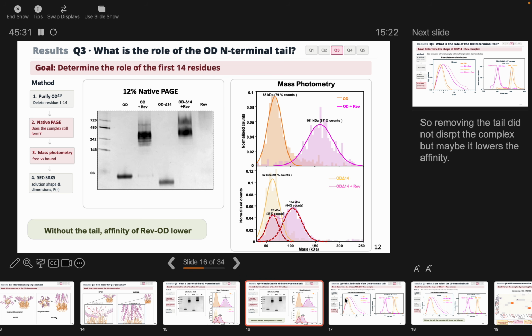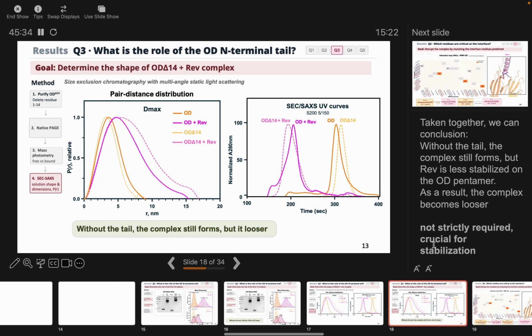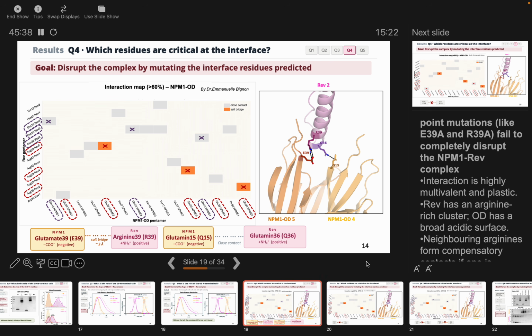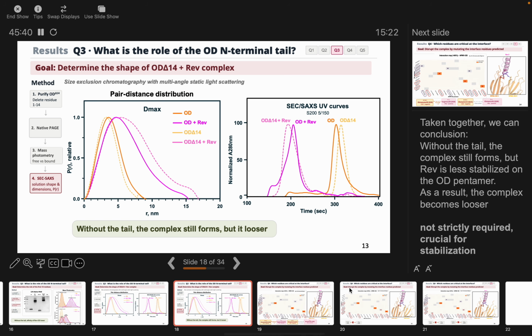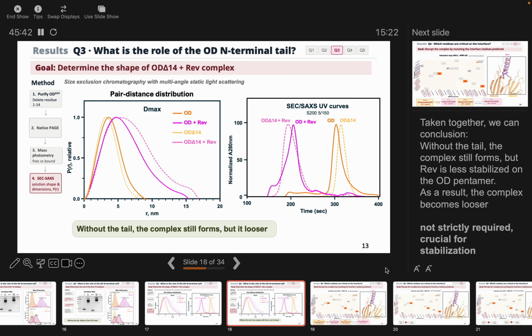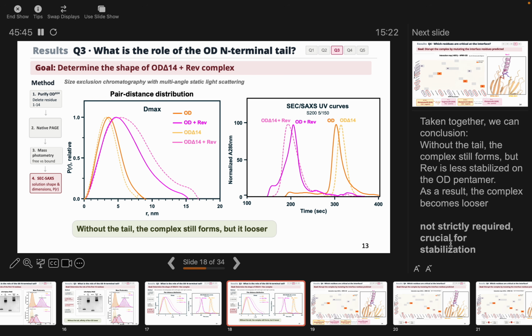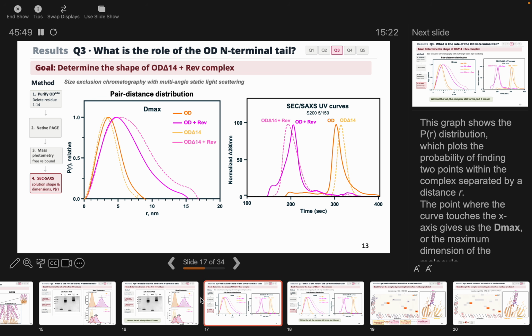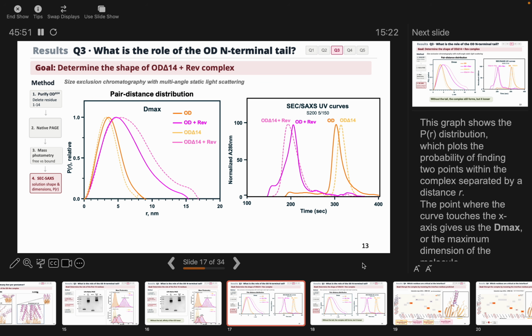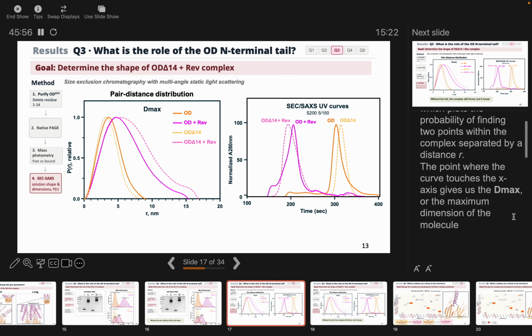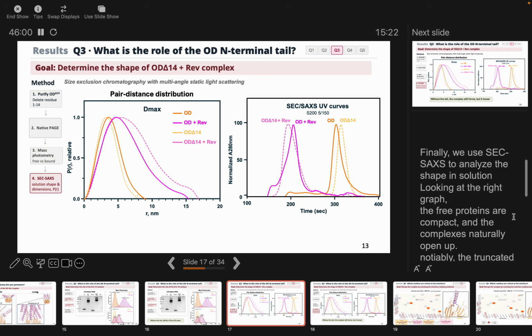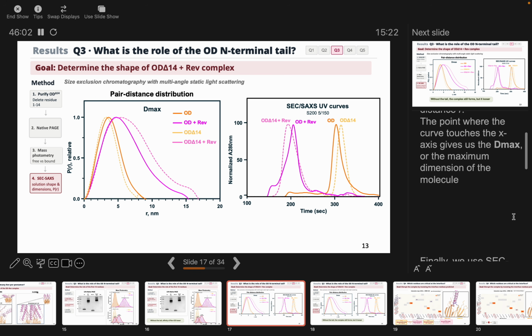On slide 14. Just before the SEC, you mentioned that you have a partial dissociation of the complex, and here on the SEC you don't see any kind of dissociation of the complex with OD14.